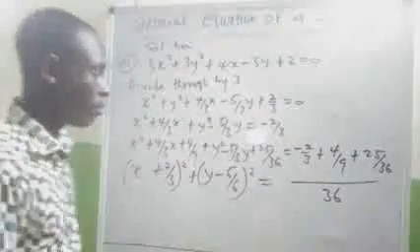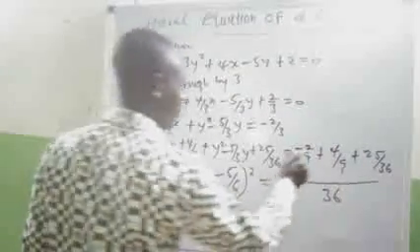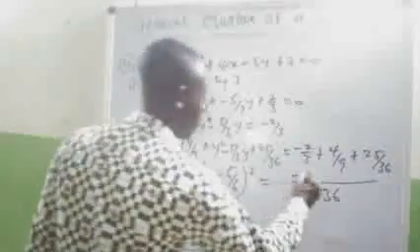36 divided by 3 is 12, times this is minus 24.